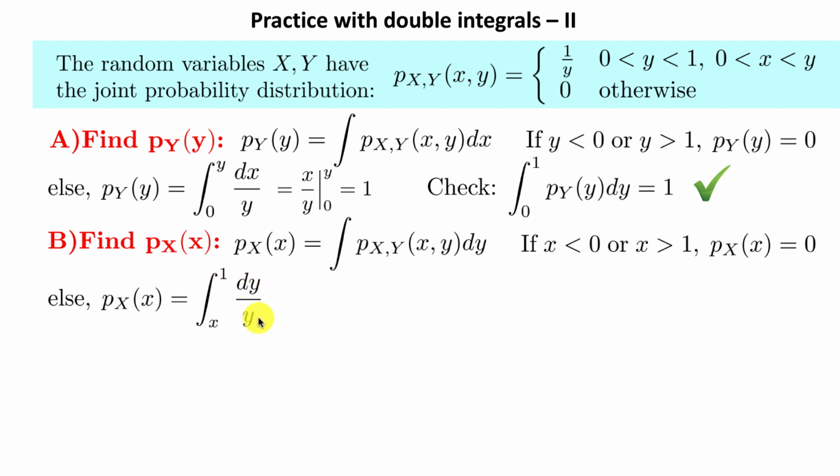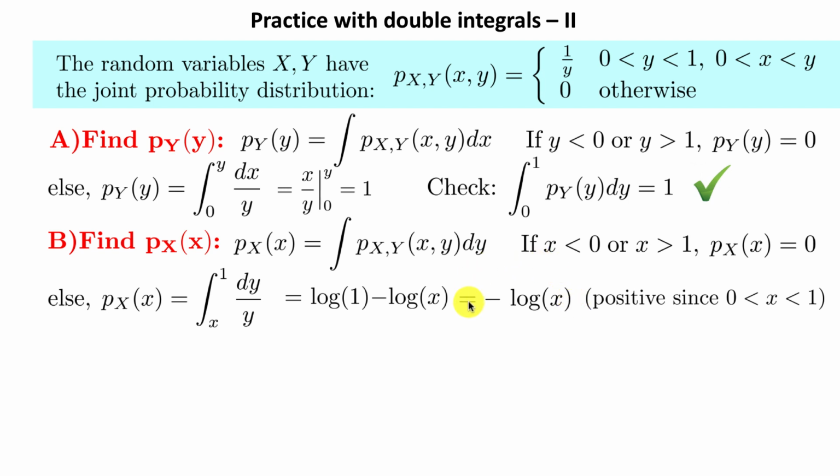So dy over y, everybody knows that, that's log of y. And if you take log of y with the limits x and 1, you get log of 1 minus log of x, but log of 1 is equal to 0, and so this is just equal to minus log of x.